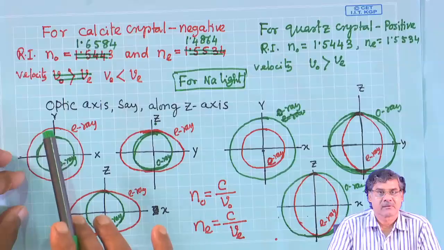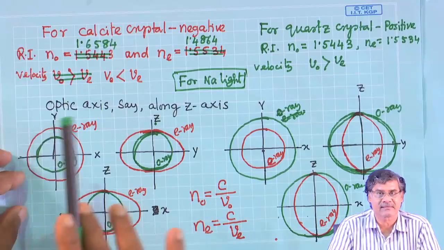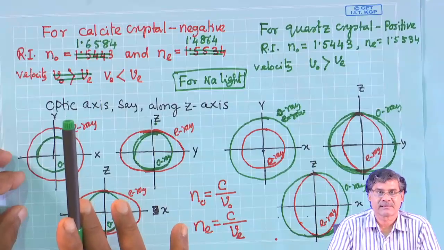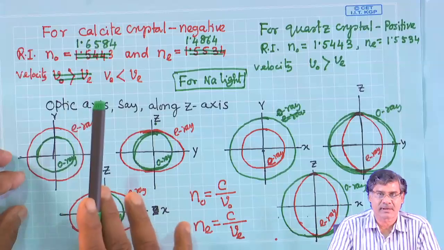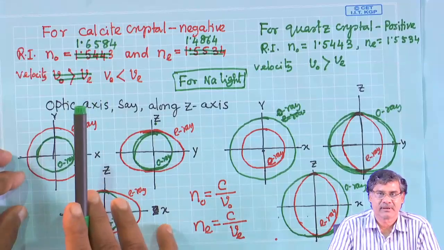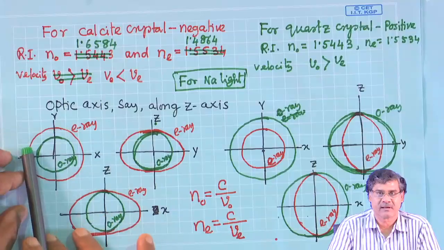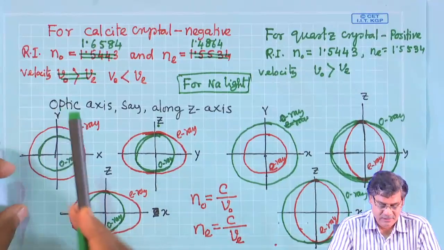and the x axis and y axis, in those two directions, it is basically isotropic, means the velocity will be the same in these two directions, but they will be different for O ray and E ray, right.